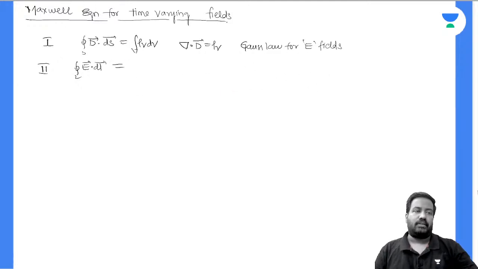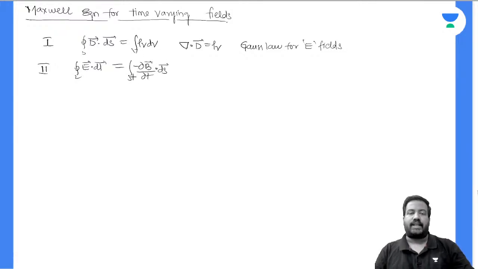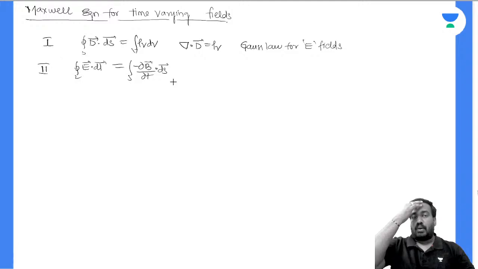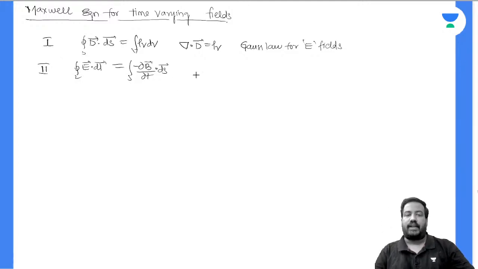This is changing now to closed loop integral of E dot dl is equal to surface integral of minus dou B by dou t dot dS. This is the change. That means only static electric field is conservative but not time varying electric field. Expanding, del cross E is equal to minus dou B by dou t. This is from Faraday's Law.